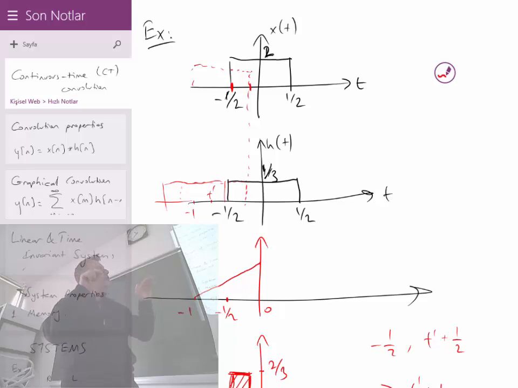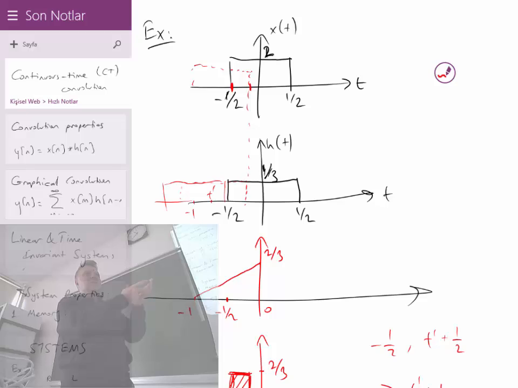The multiplication will have a level of 2 times 1 over 3, that is 2 over 3. And the width is 1. 1 times 2 over 3 is 2 over 3. It will reach 2 over 3, the triangle.